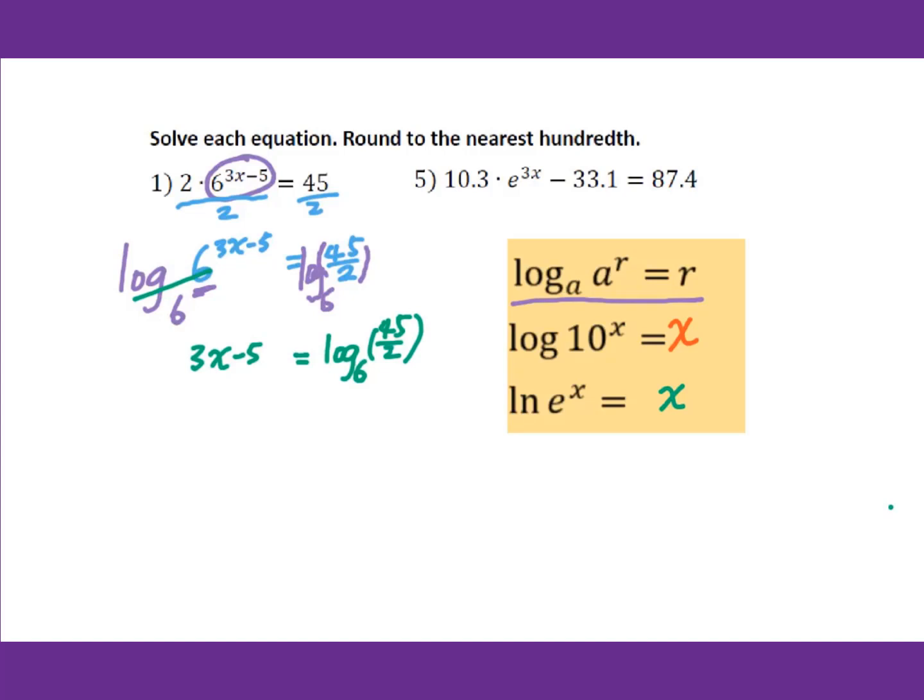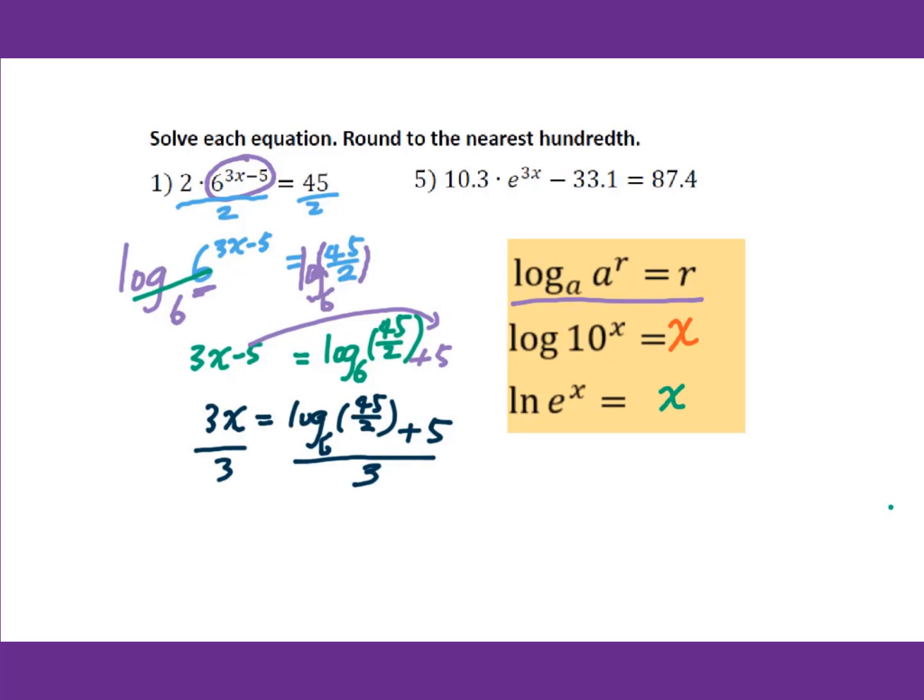You add a 5, then you divide it by 3. So we got x equals log base 6 of 45 over 2, then plus 5 over 3.